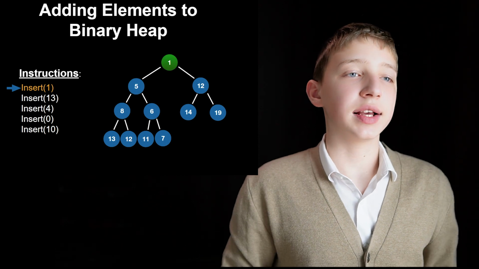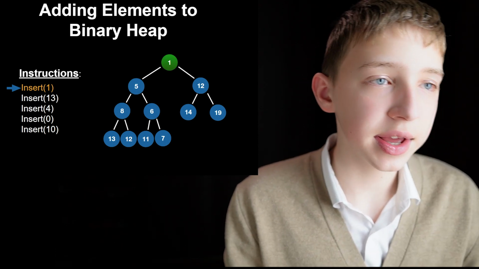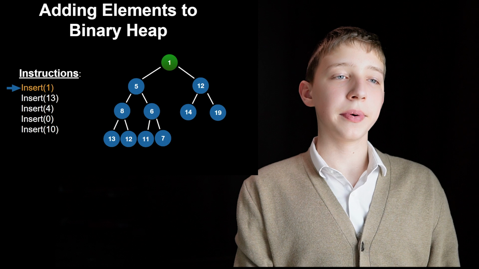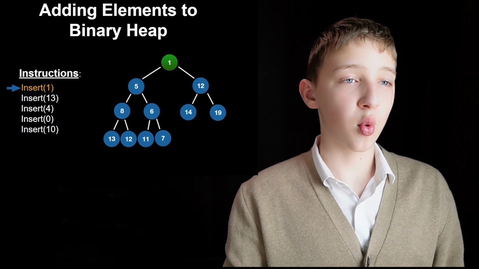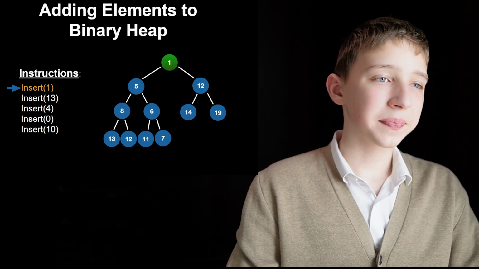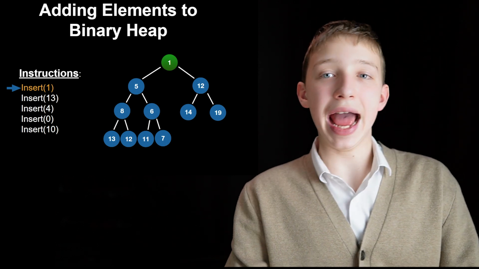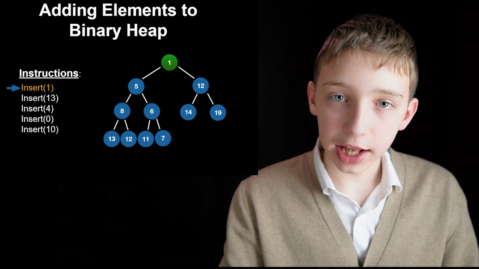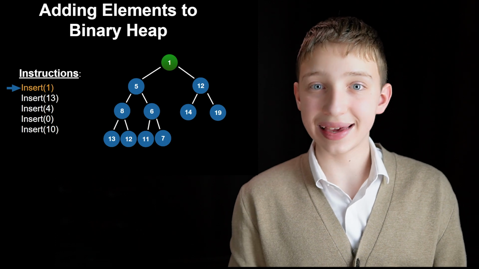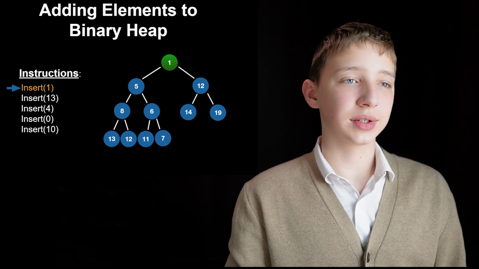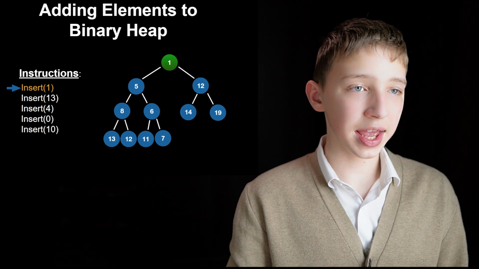The heap property is now satisfied, so we stop bubbling up. That is how we can add elements to the priority queue and to the binary heap.